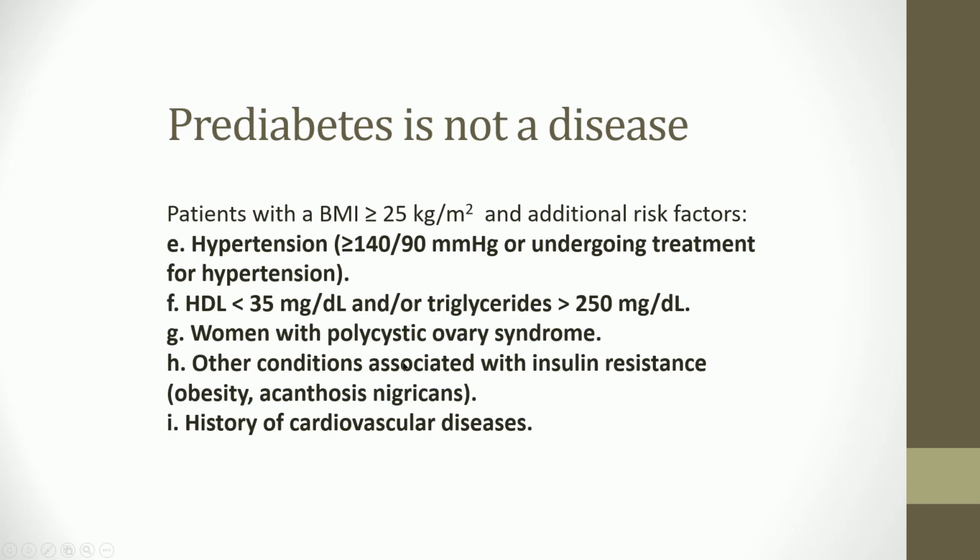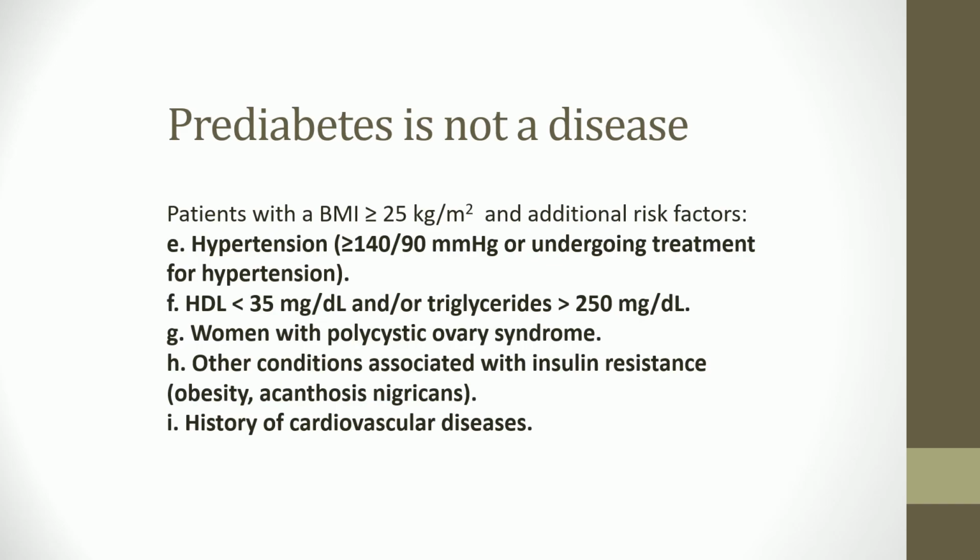Women with polycystic ovary syndrome, we already talked about how polycystic ovary syndrome is a sign of insulin resistance. So a patient with insulin resistance that also has obesity or is overweight, that is a very, very big risk factor to develop further down the line diabetes. And this is a patient we have to be very aggressive to curtail those risk factors and protect the patient from arriving at a diabetes diagnosis.